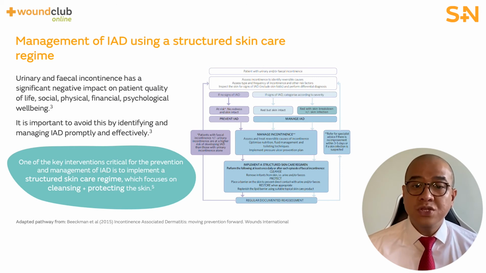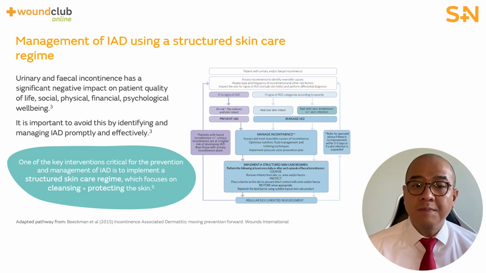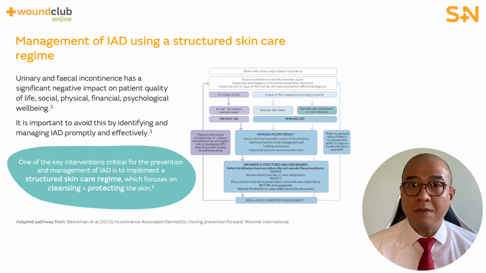Now, as I mentioned earlier, you can do this by promptly changing pads and incontinent products when indicated, or considering catheter or fecal containment devices for persistent cases of urinary and fecal incontinence. Number two is implement a structured skincare regime to protect the skin from exposure to urine and or feces and help restore the effective skin barrier function.